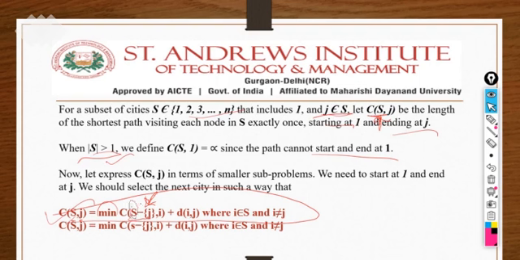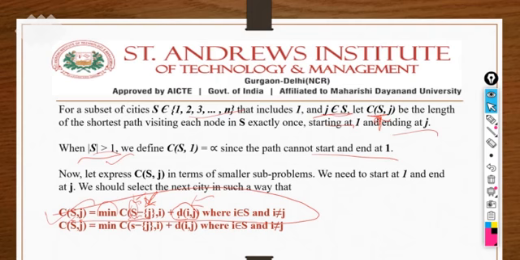Now we have to remove it from the set in which we have the list of all cities. If we cover one city, then we have to remove it from the set of cities, because we have already covered it, right? And the distance we have already covered, we have to add to the previous one in order to find the cost. So we have to find the minimum cost in order to cover all the cities or all the vertices.